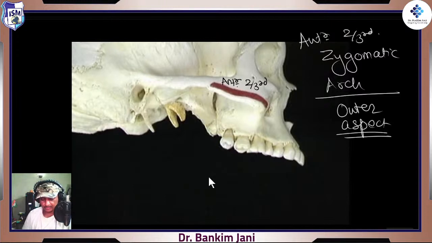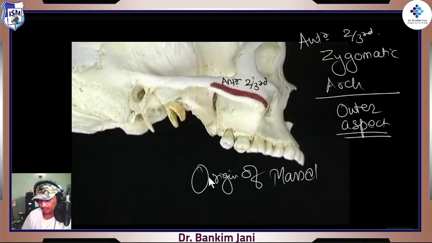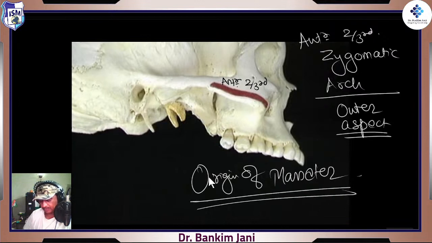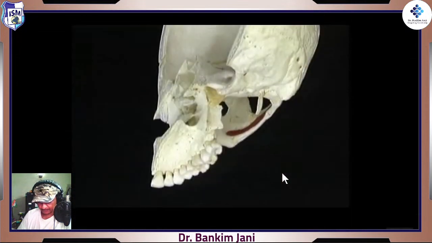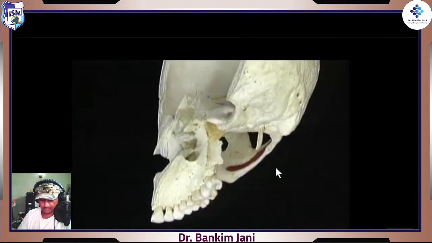So what we are talking about is the origin of masseter, right? Origin of masseter is what we are talking about. Anterior 2/3 of the zygomatic arch, outer aspect. Let's go to the inner aspect. Here it is, right? For that inner aspect, we have to literally destroy the skull, just to see this bone.